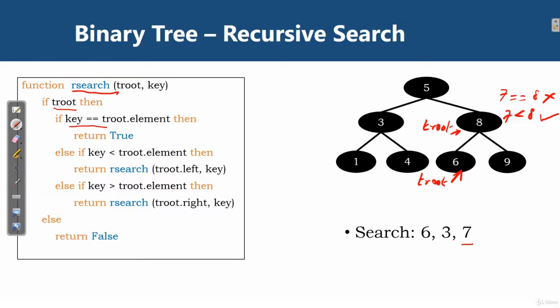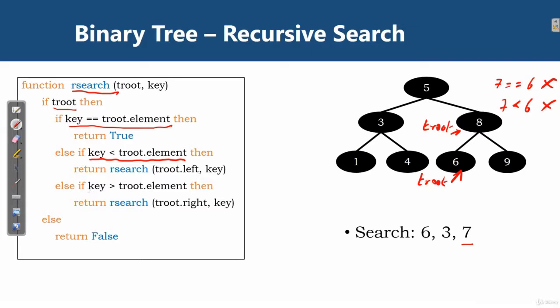The condition, that is key equal to the element in the node, is checked, that is 7 equal to 6, which is false. So the next condition is checked, that is key less than the element in the node. So 7 less than 6 is also false.